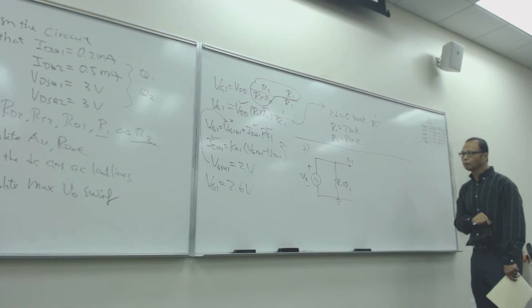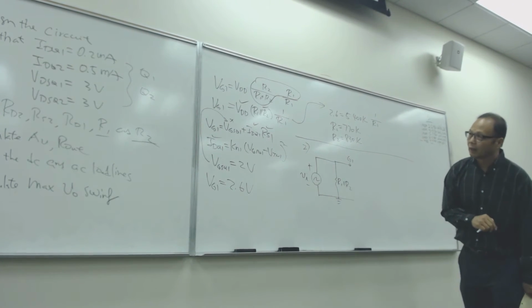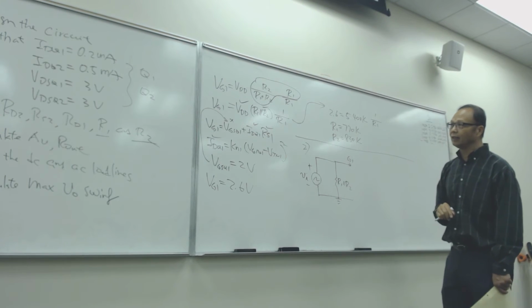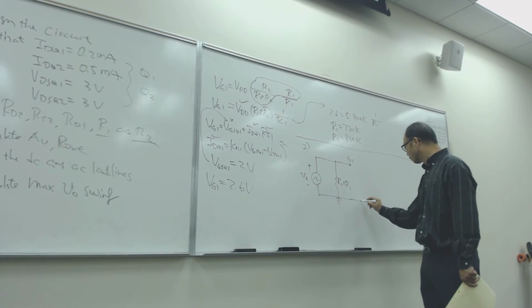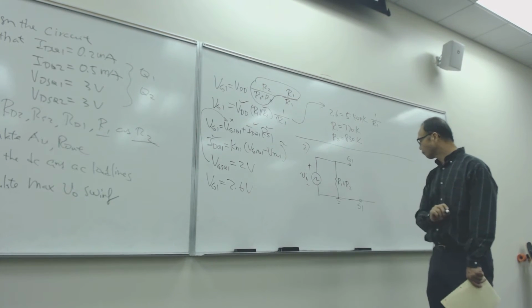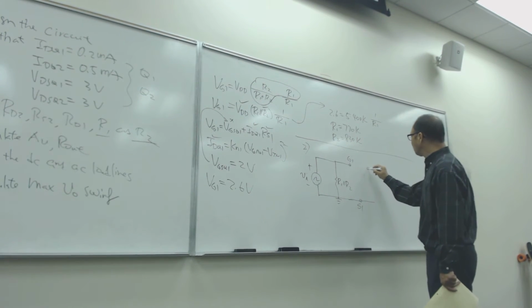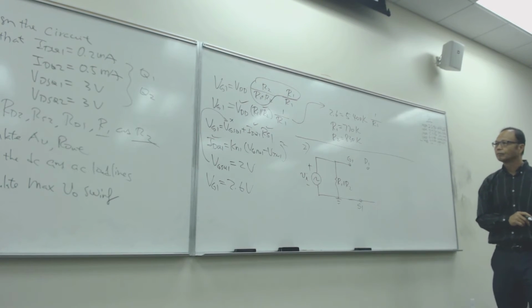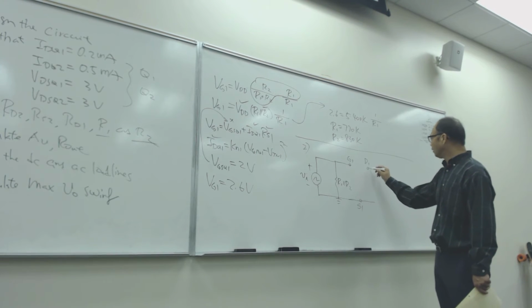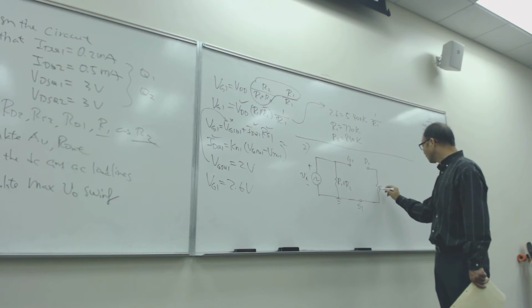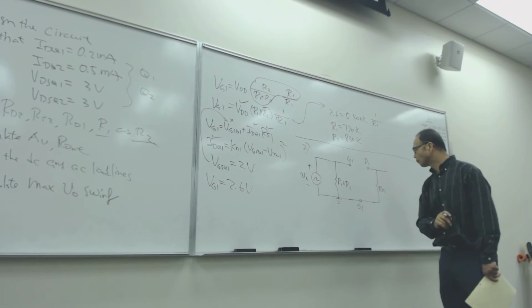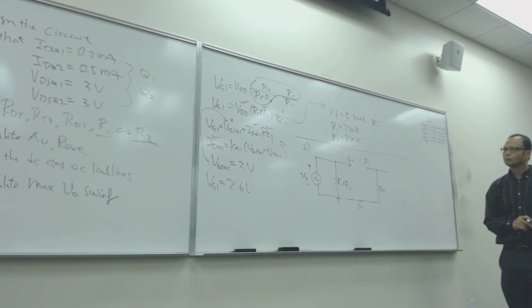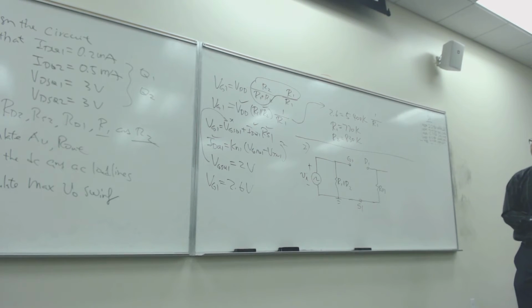Yes? G1. S1 is connected to the ground. Agree? And then this is D1. And then D1 has an RD1 to the ground. What happened to the resistor on the source? It gets bypassed. Yeah, don't make any mistake in the exam.